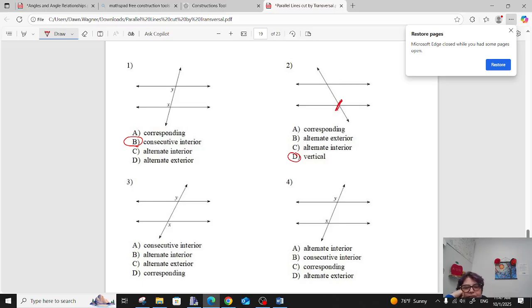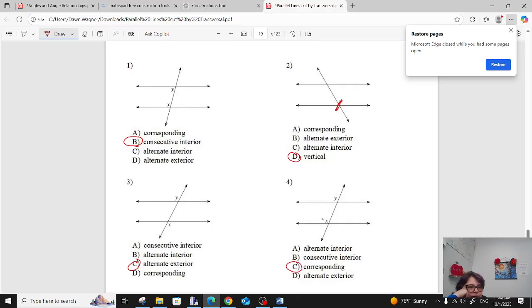What about this one? Is it inside or outside? Outside. Because see, they're on the outside. Inside would be here. Right? This one. Corresponding. Because they are the same position.